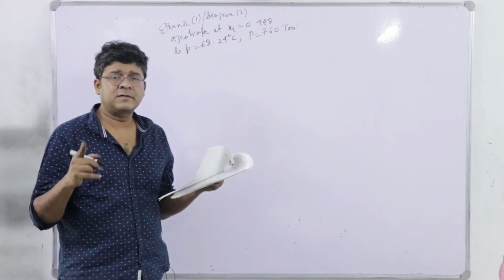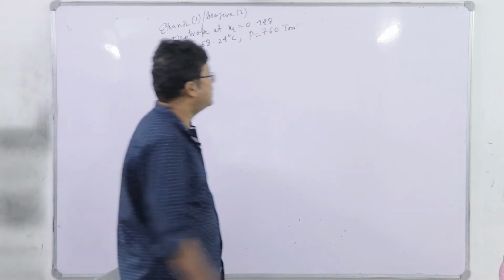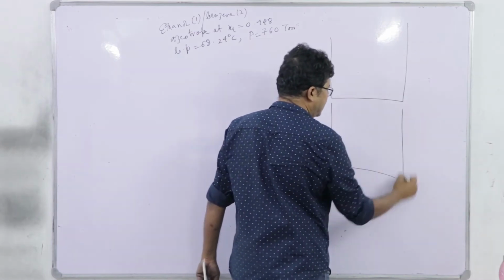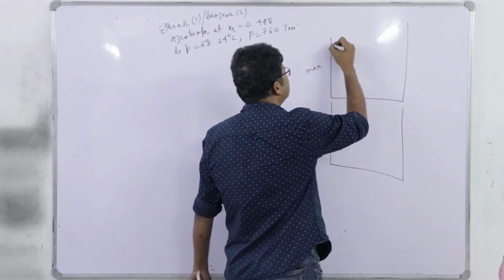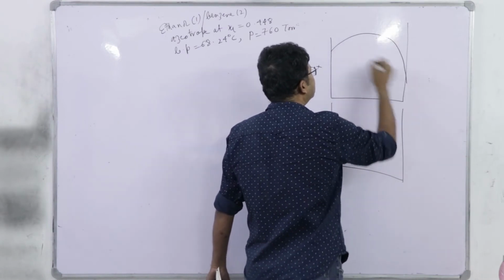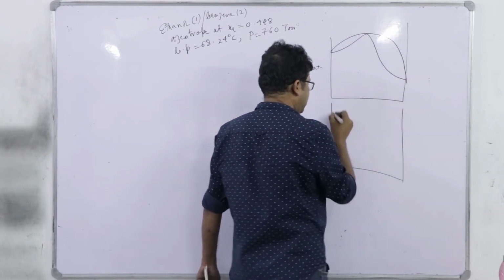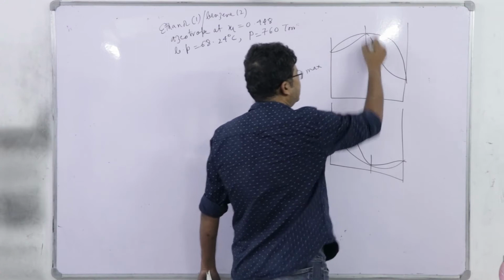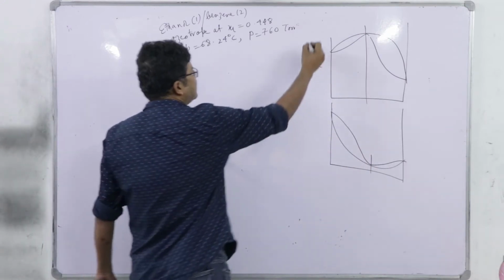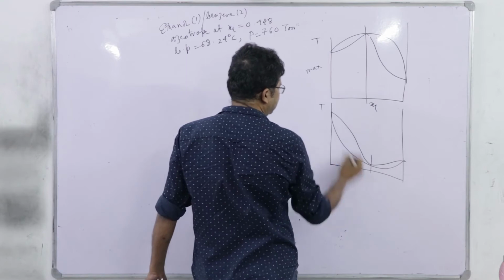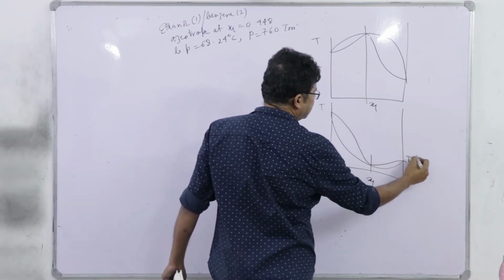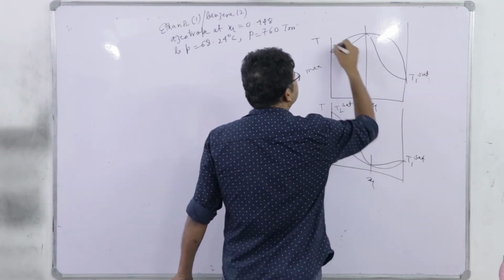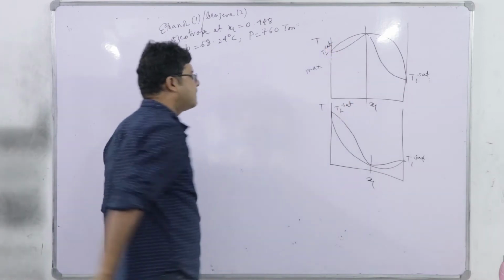Note that azeotrope has got a unique boiling point because no matter whether it is maximum or minimum boiling azeotrope, so we have a unique boiling point. So this is T versus x1, this is T versus x1. This is T1 sat, this is T2 sat.